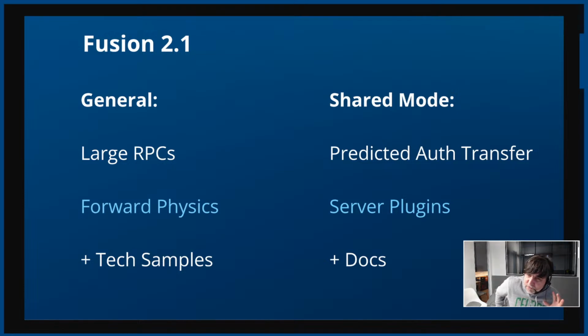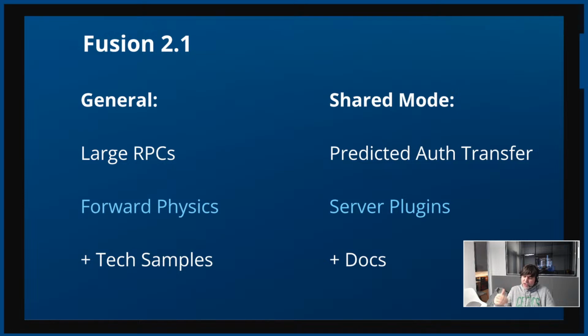So we have some specific new things that we're adding to shared mode Fusion with this new Fusion 2.1 that's coming. Some improvements have been done in state authority change.